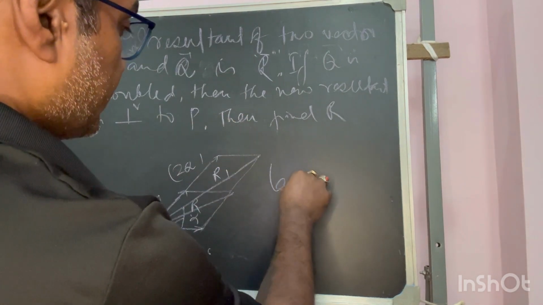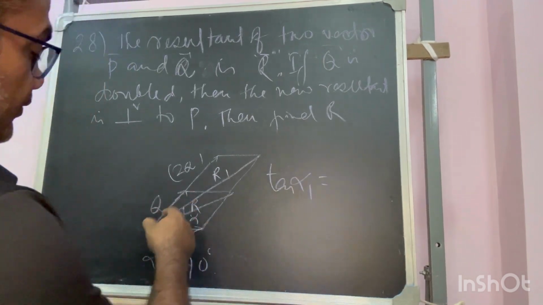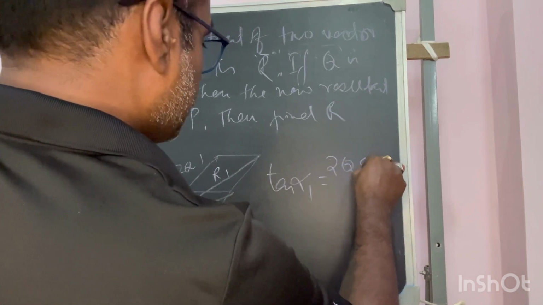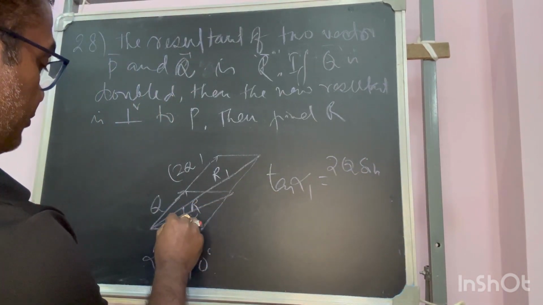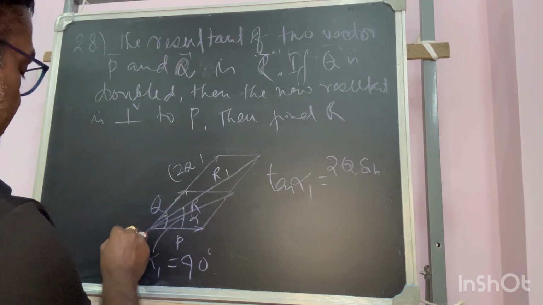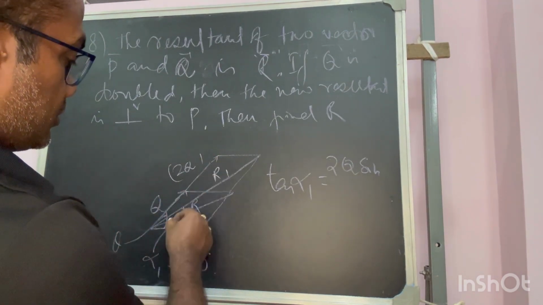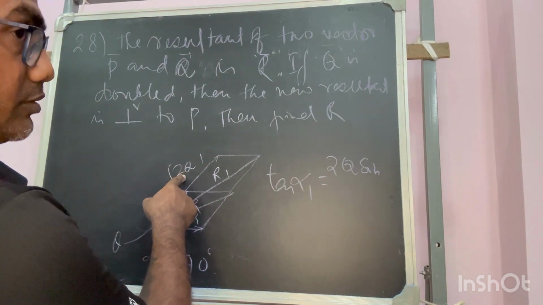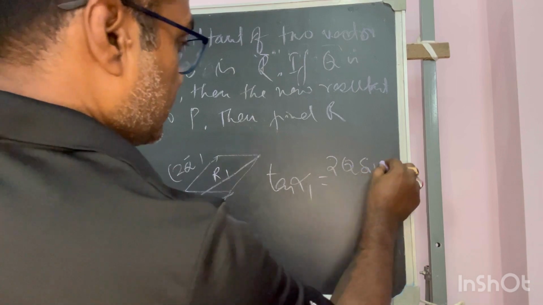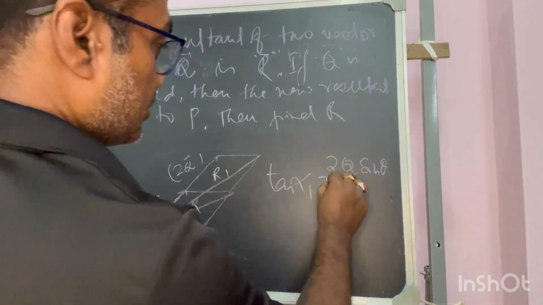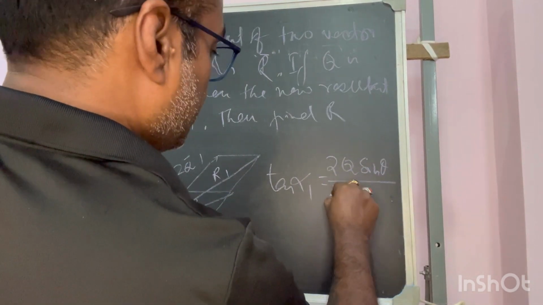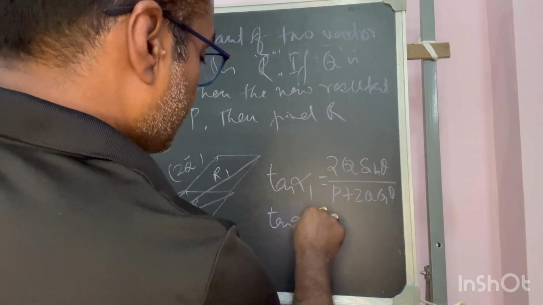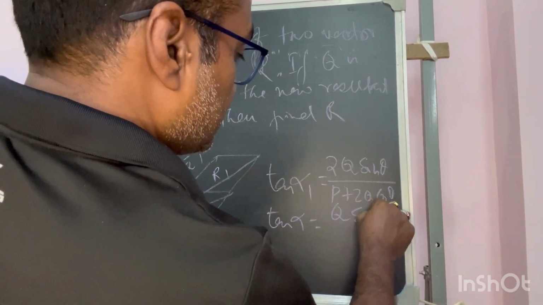So in that case, tan alpha 1, if I follow the same thing, will be 2Q sin theta. If the earlier angle between the vectors is theta, in this case also it will be theta, only it is doubled, multiplied by a scalar, so the direction will not change. So it is P plus 2Q cos theta, and earlier it is tan alpha equal to Q sin theta over P plus Q cos theta.